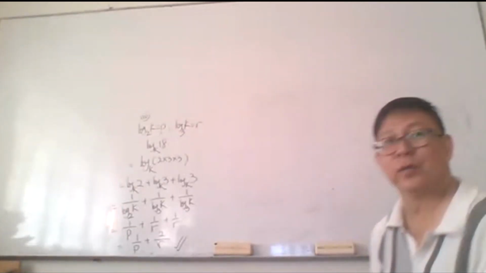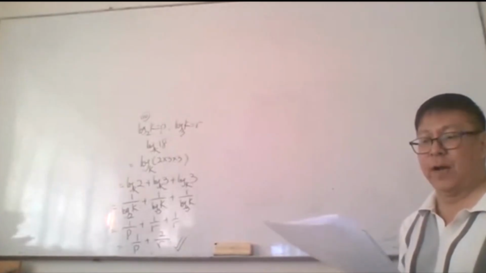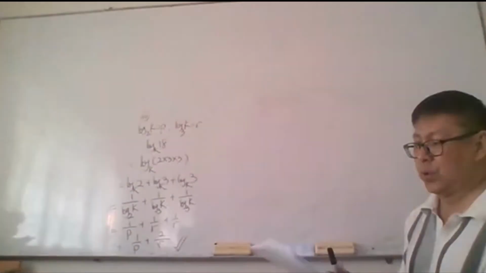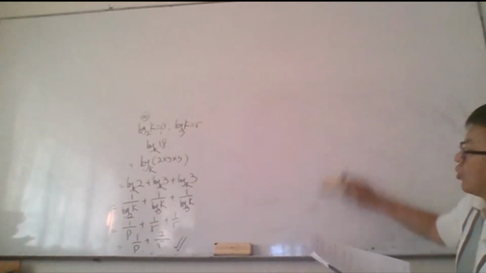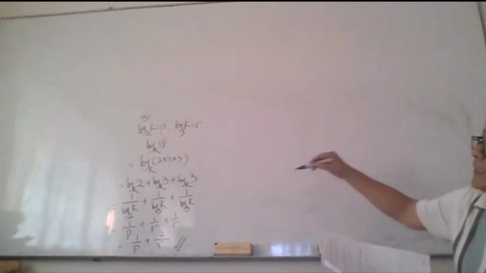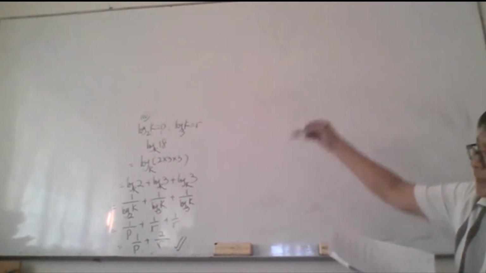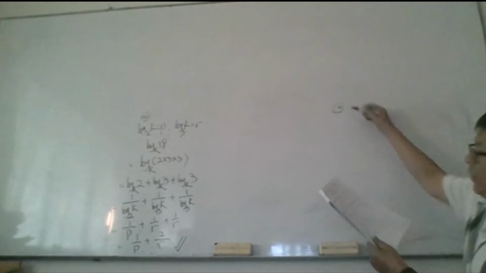Okay, thank you. I'm going to start example number 11. Can you please look at the question, because the solution is more or less the same as your example 10. They use the same technique for question number 11.